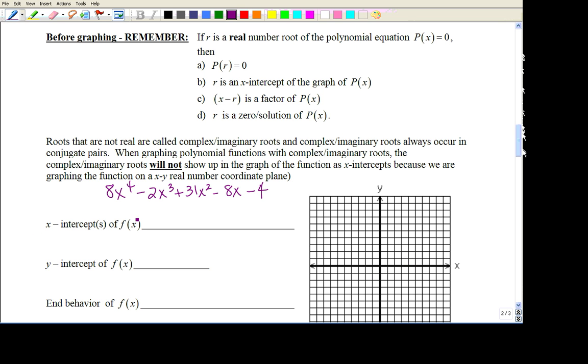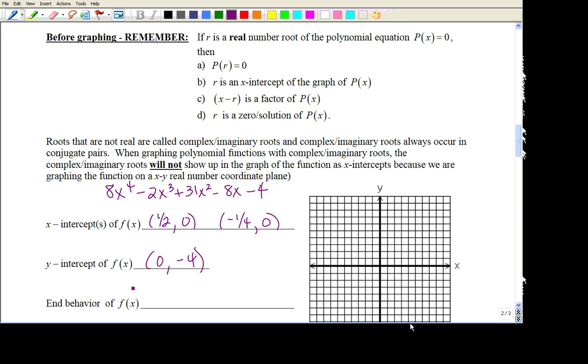So for the x-intercepts, that only includes real numbers. That means our x-intercepts are going to be the 1/2 and the -1/4 solutions that we found, but not the plus and minus 2i. They are solutions, but they are not x-intercepts. The y-intercept is our constant term, which will be at -4.